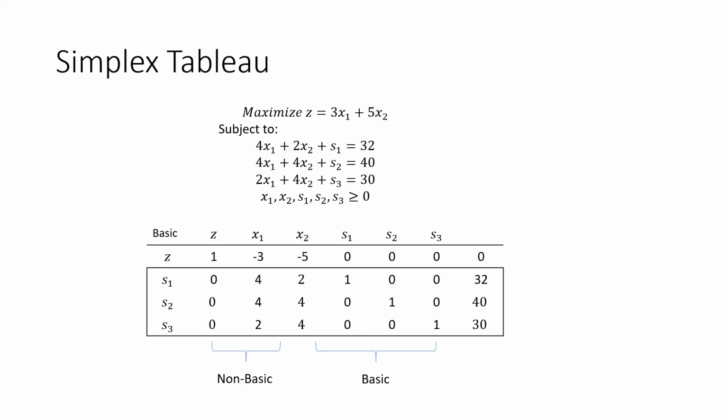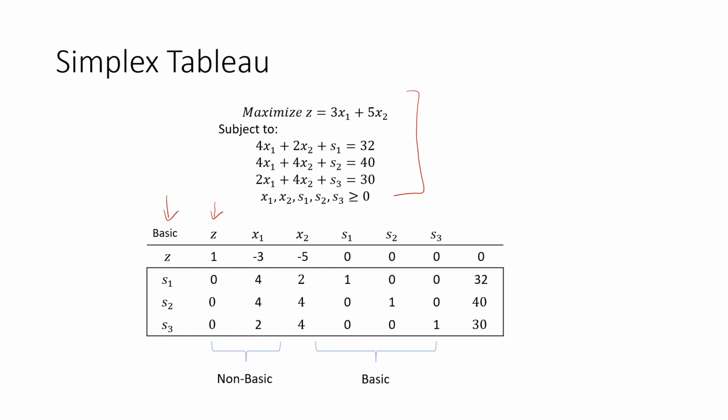So here's the simplex tableau. Here is our linear program. What we do is we create a column and call it basic, and I'm going to talk about basic in a minute. A column for our z variable, what we're trying to optimize. Now that is going to just stay there.